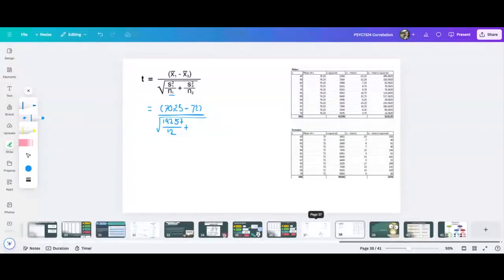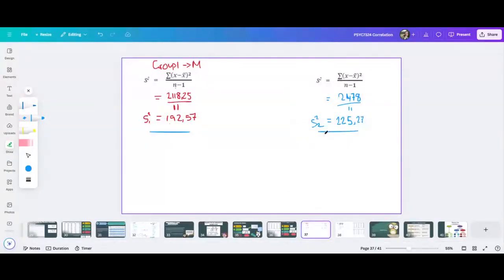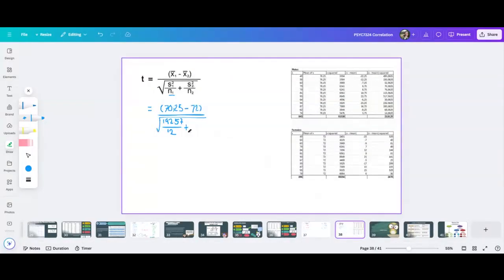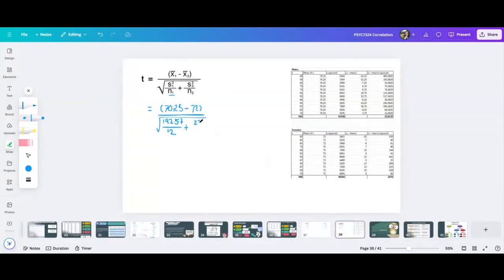Then we go back and find what our second variance was for group 2: 225.27, and n was the same. Okay, so over 12.